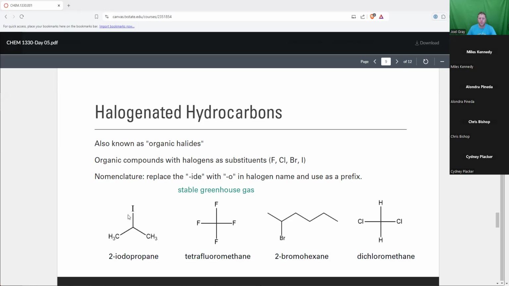So it's iodopropane. So when it comes to halogenated hydrocarbons, it's really just a matter of what is the halogen that has been added to our molecule. And our halogen substituents are fluorine, chlorine, bromine, and iodine.